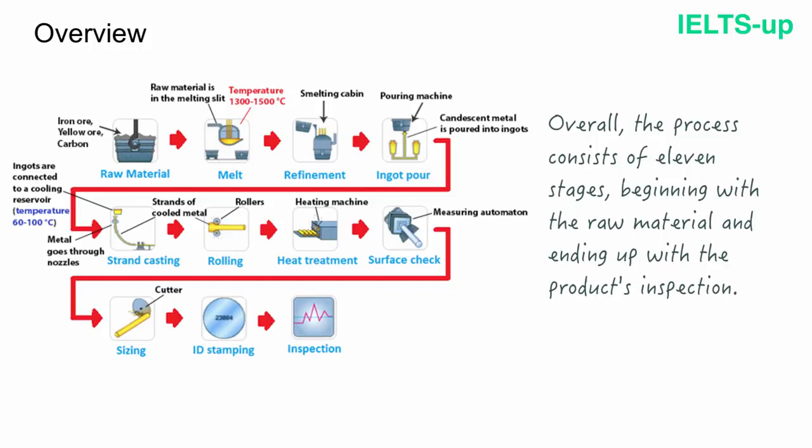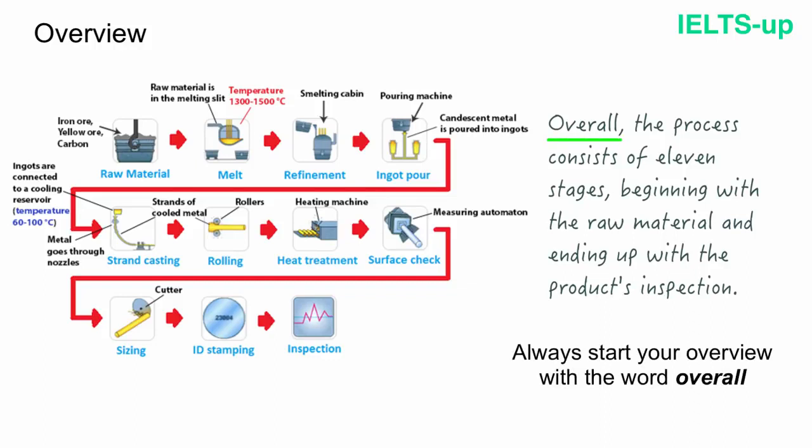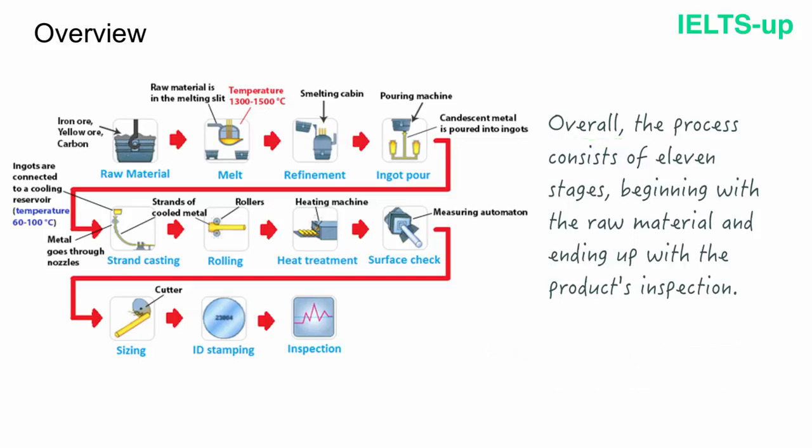My first word for the overview is overall. Always start your overview with the word overall. It indicates to the examiner that you are going to describe general trends. Then, I gave the number of stages. I used the phrase, the process consists of 11 stages, to do that. And I also wrote how our process begins and ends.